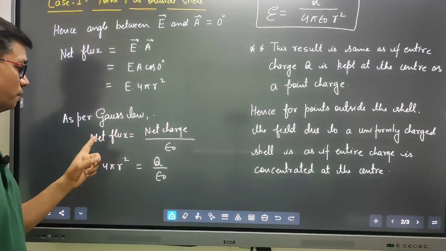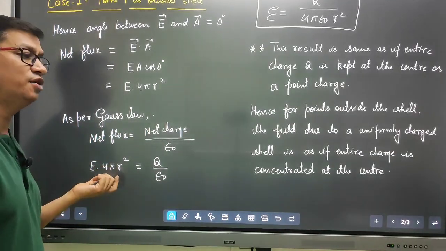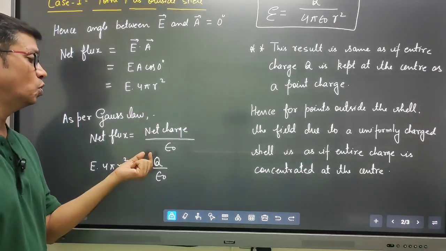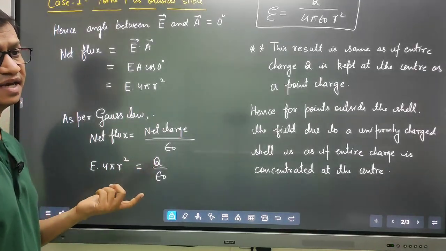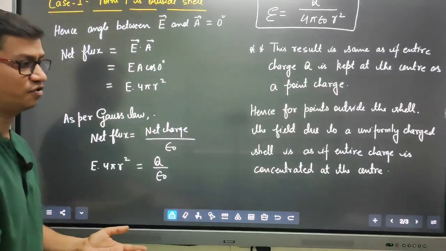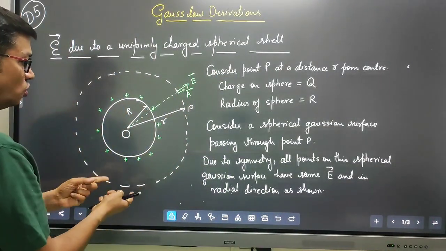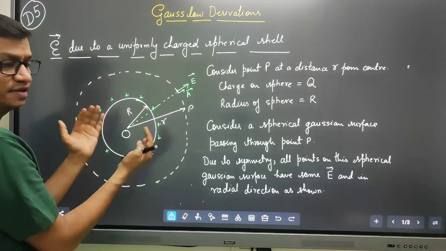So as per Gauss law, net flux should be what? Net charge upon epsilon naught. So net flux is E into 4 pi r square. This should be equal to net charge. The total charge inside this Gaussian surface is basically the total charge on the sphere itself. Inside this Gaussian surface, this entire shell is there.